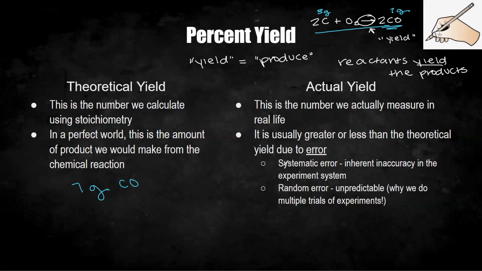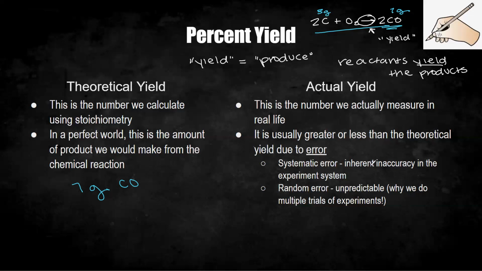Now, we could have systematic error, which is just an inherent inaccuracy in the experiment system. That could be maybe our scale was off when we were measuring out the amount of carbon that we're starting with, which no matter how many times we repeat that experiment with that same scale and repeat that chemical reaction using that same scale to measure mass, it is always going to give us the incorrect mass.